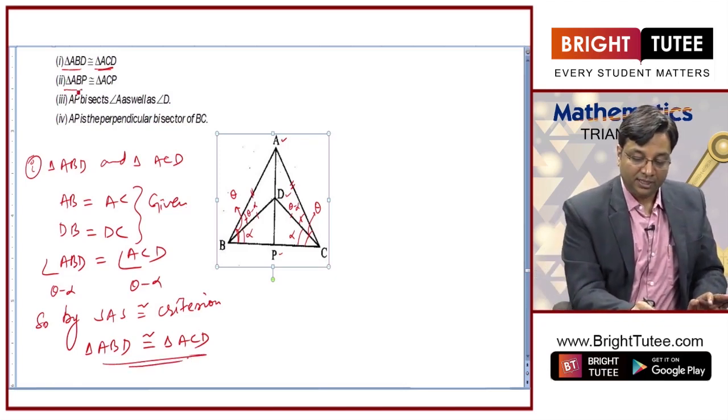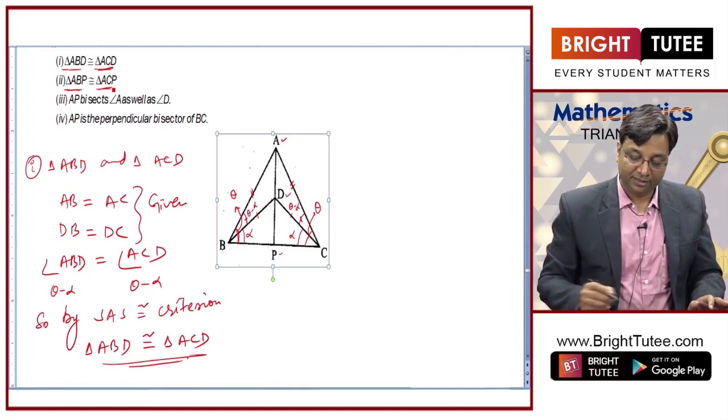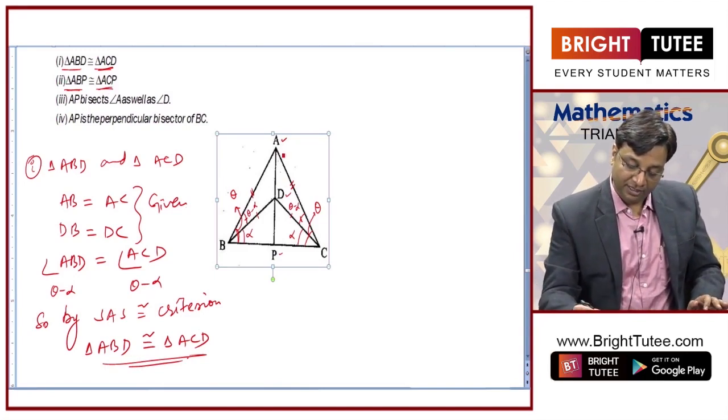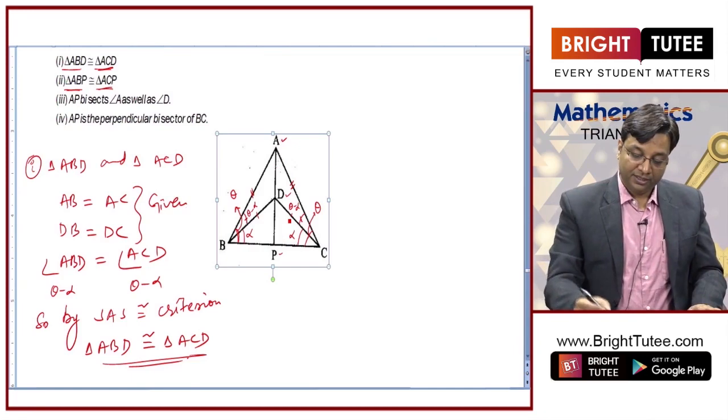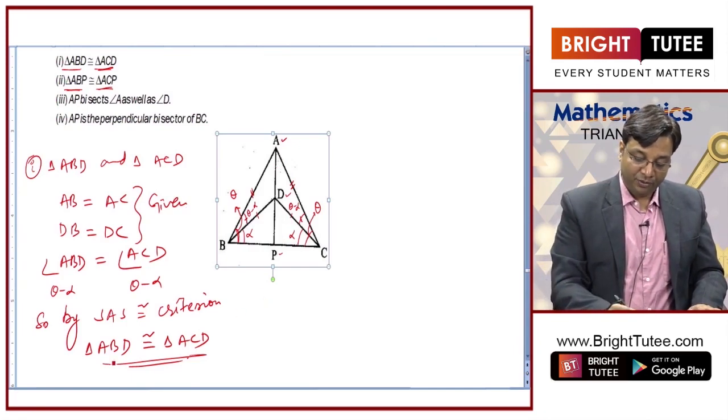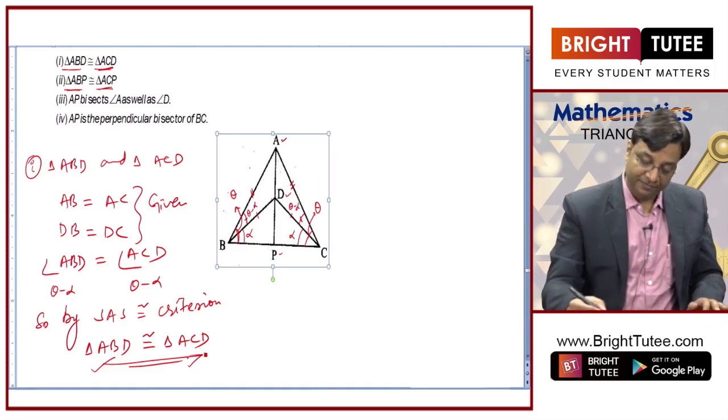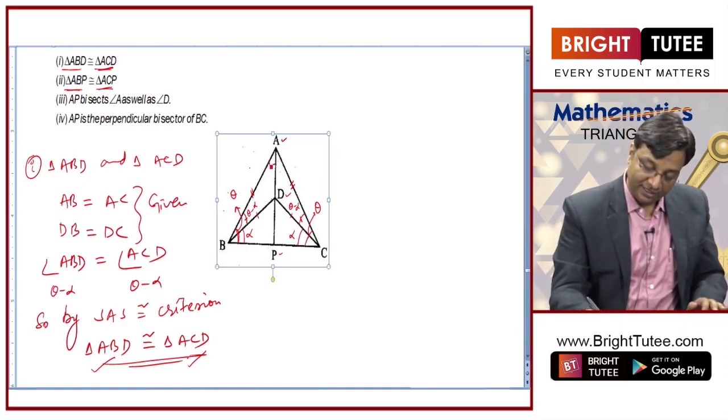Now, look at triangle ABP and triangle ACP. Which one is triangle ABP? So, this complete triangle is triangle ABP and this is triangle ACP. Now that I have proved that triangle ABD is congruent to triangle ACD, I can say that this angle here is equal to this angle.